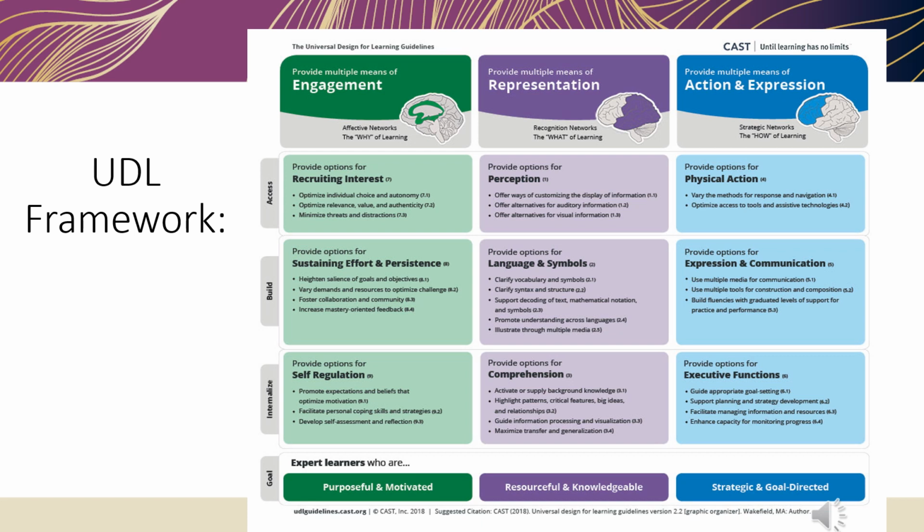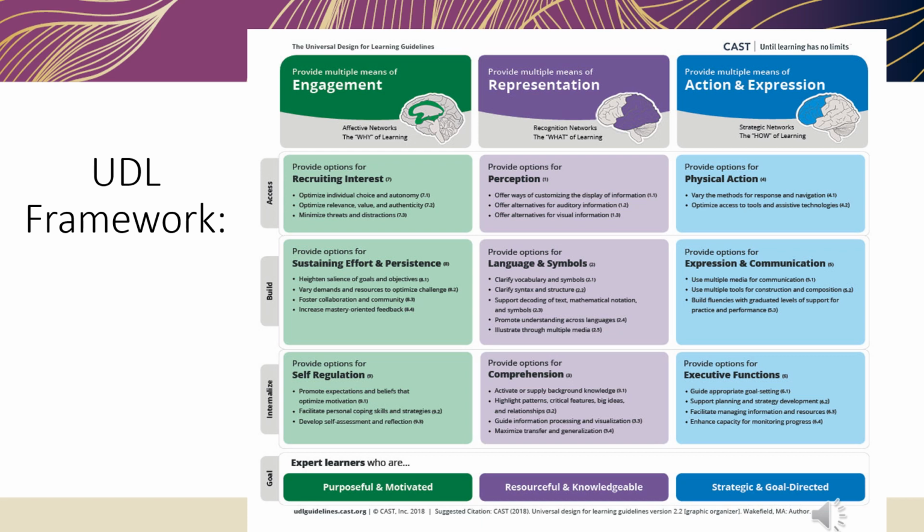This is the UDL framework. It's organized in 2 different ways. It's organized vertically according to the networks we just described on the previous slide. You can read across the top: engagement, representation, and action and expression. The framework is also organized horizontally. At the top, you can see the access level.